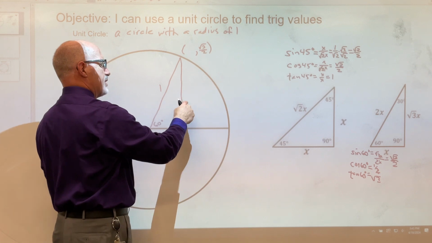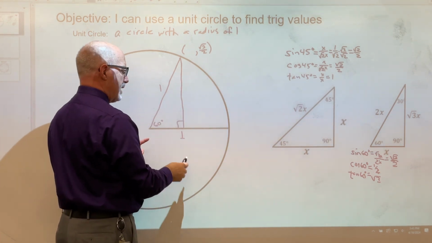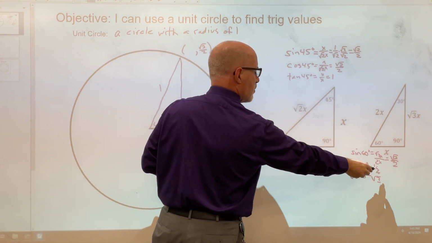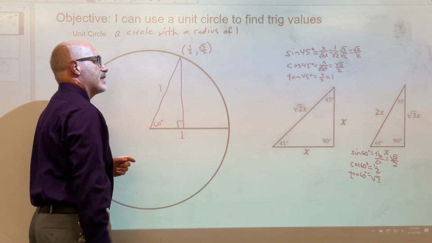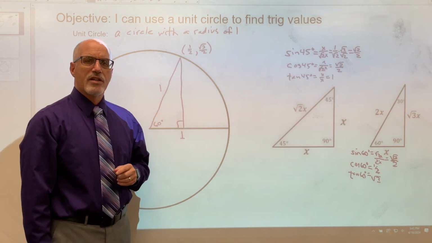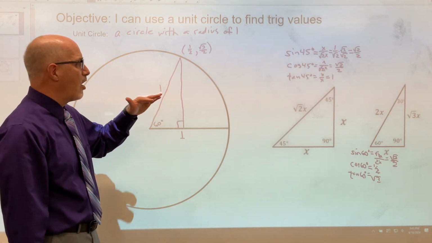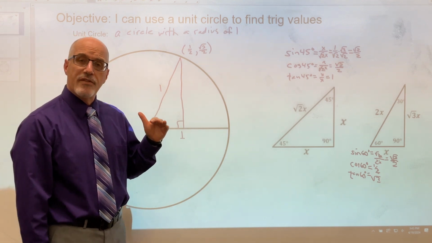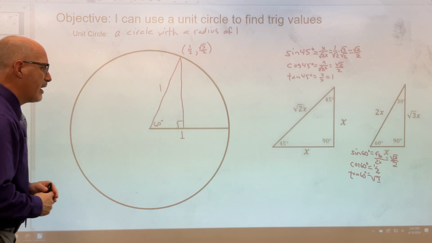The adjacent side, which is the x, will be this side here, and the cosine has to be 1/2 over 1, which gives me the x value. So by creating a unit circle, we can create all of these values for sine and cosine of the 30, 60, and also 45-degree angles.